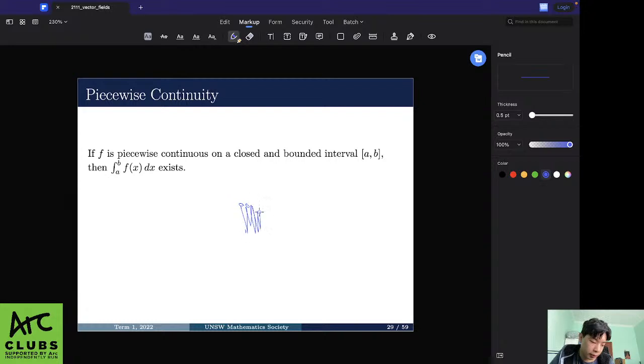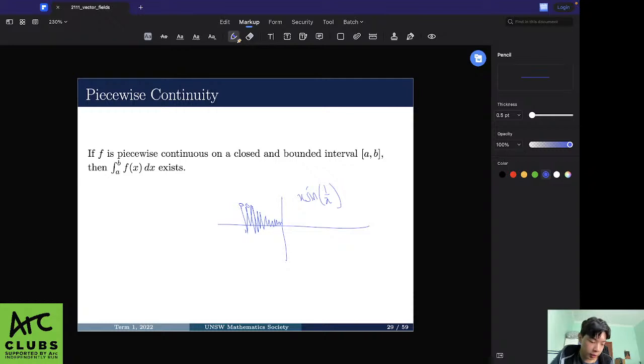So maybe some function that goes like this towards 0, which can be seen in something like x sine 1 on x. So this is not integrable, just because it has an infinite amount of jumps.